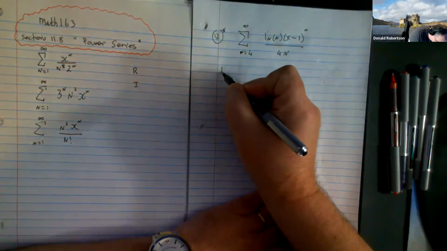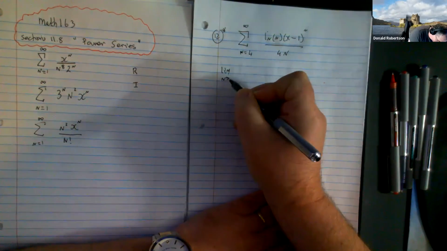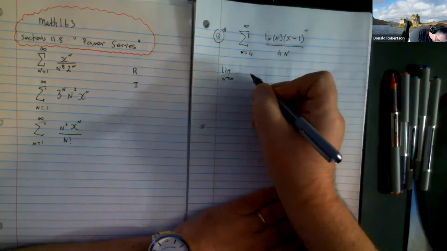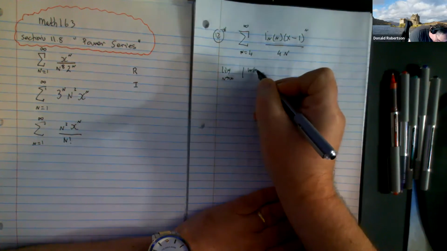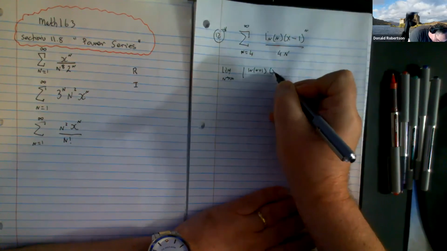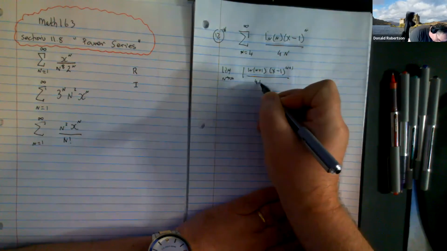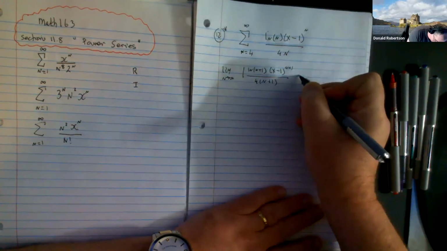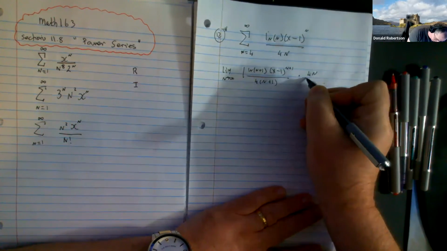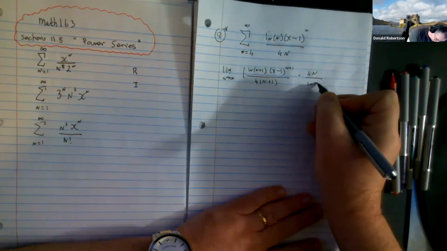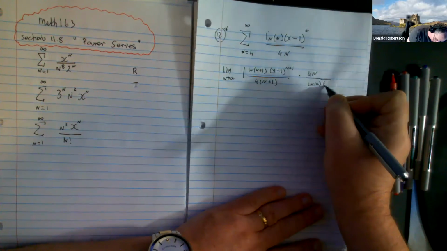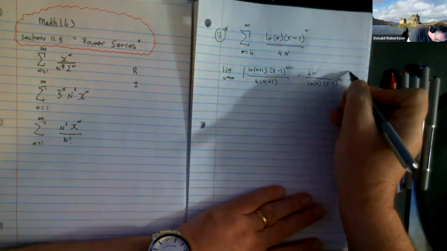Now, if we do the limit as n tends to infinity, the reason I picked this one was because of the log. It's going to be the natural log of n plus 1, times (x minus 1) to the power of n plus 1, all over 4 lots of n plus 1. And then if you turn it upside down, you get 4n, you get the natural log of n, and you get (x minus 1) to the power of n.